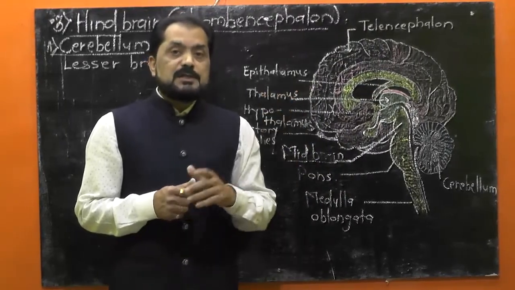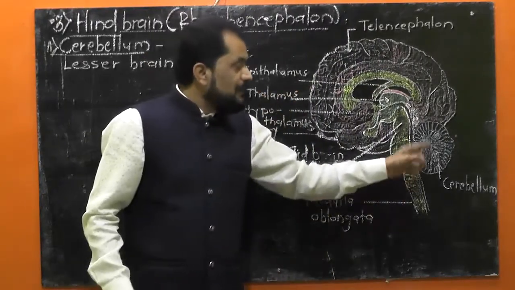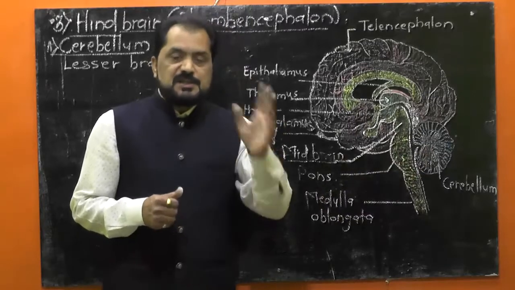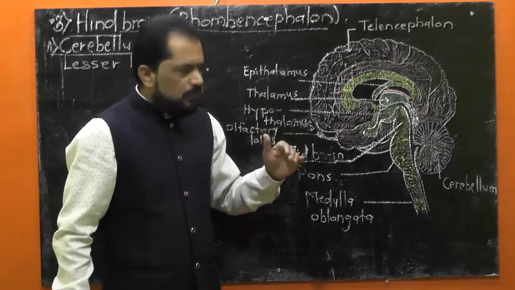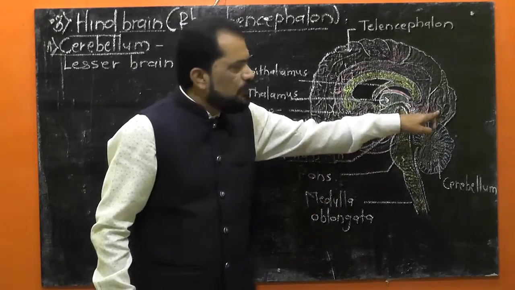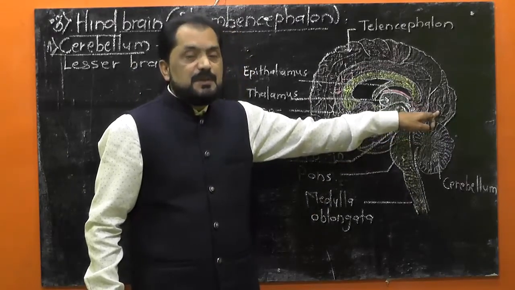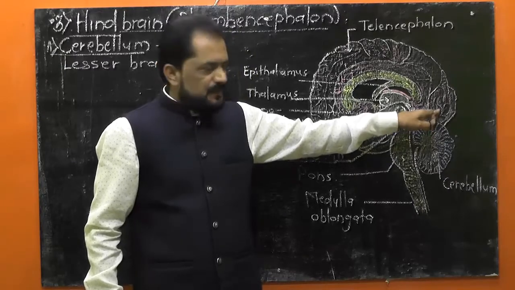Cerebrum is known as the greater brain while cerebellum is known as lesser brain. Cerebellum is present below the occipital lobe of cerebral hemispheres. Please try to understand.